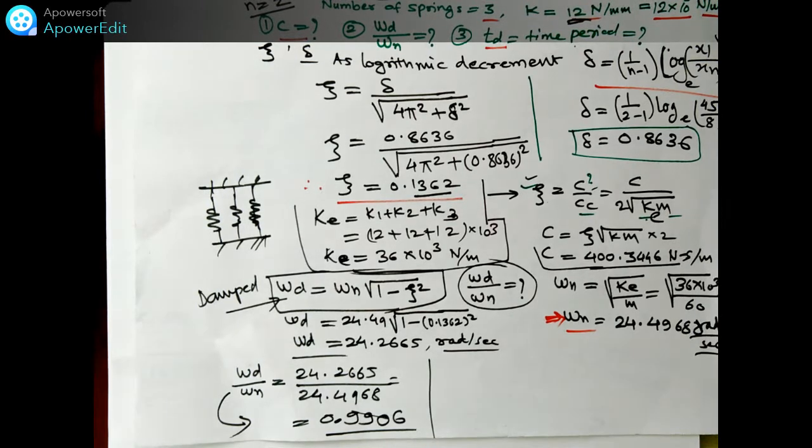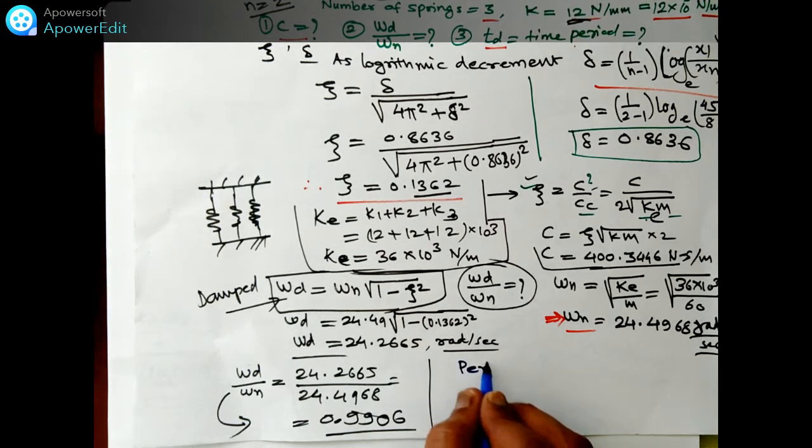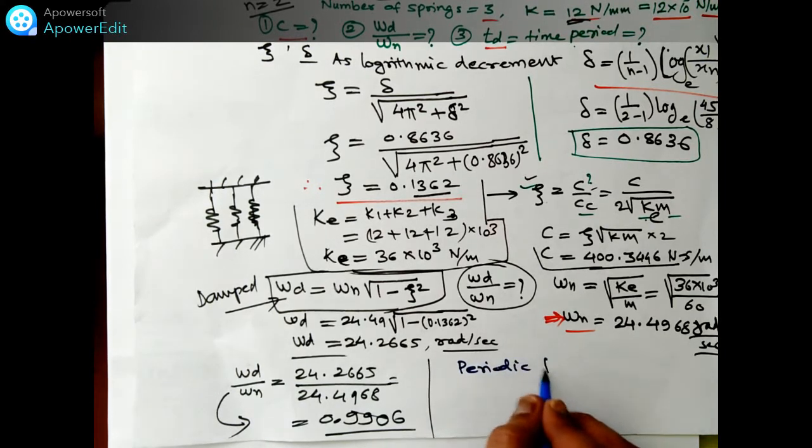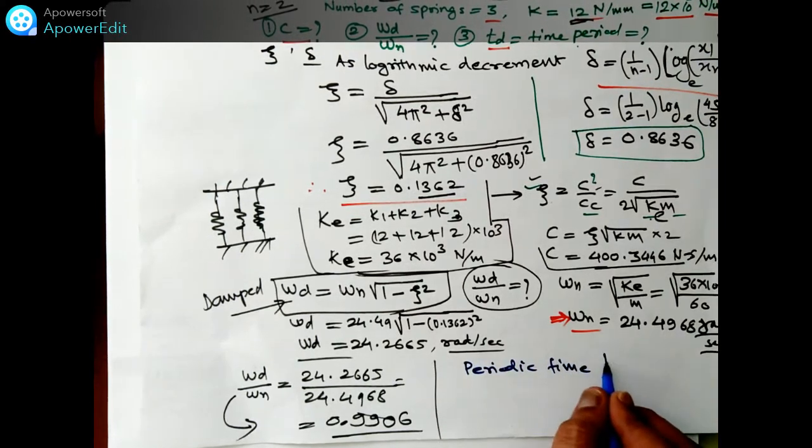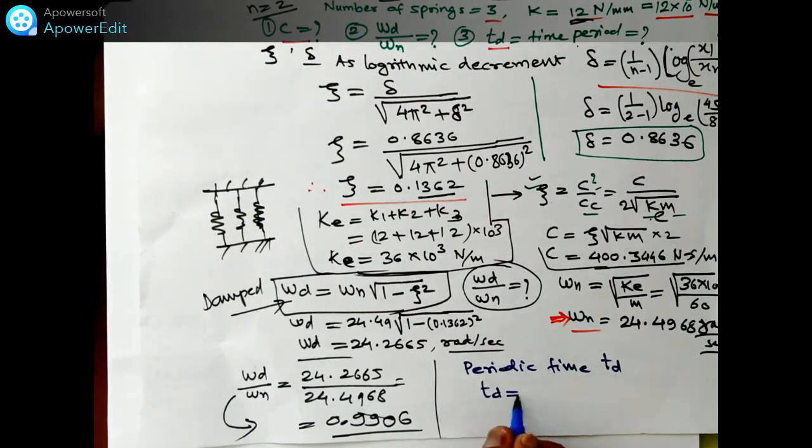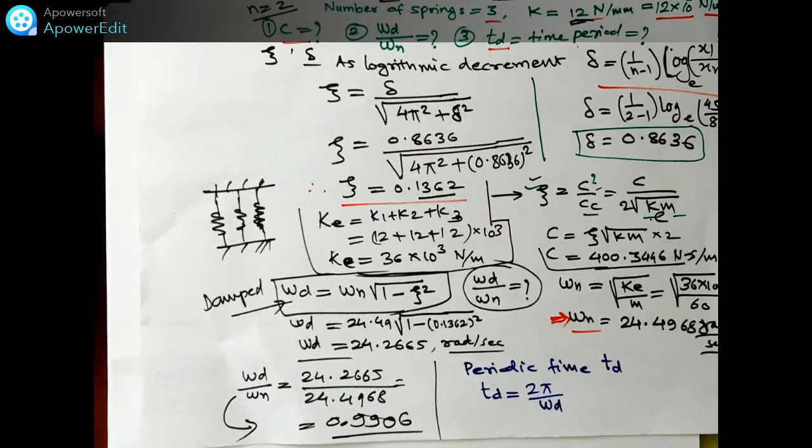Similarly, we can find out the periodic time. Under this damped vibration, we have to find the periodic time, that means TD. How to find TD? TD you can find by using a simple formula, 2 pi upon omega d. This is the formula to calculate the time period.